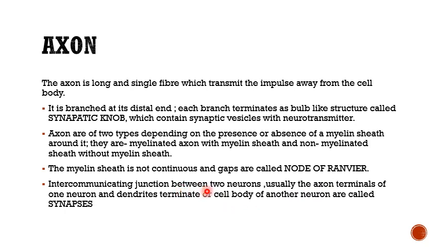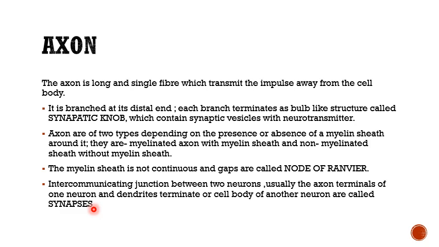Intercommunicating junctions between two neurons, usually the axon terminals of one neuron and the dendrite terminals or cell body of another neuron, are called synapses. So the junction, the gap between one neuron and another neuron, is known as your synapse.